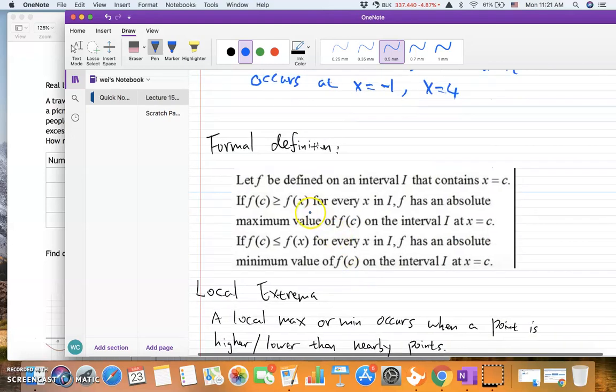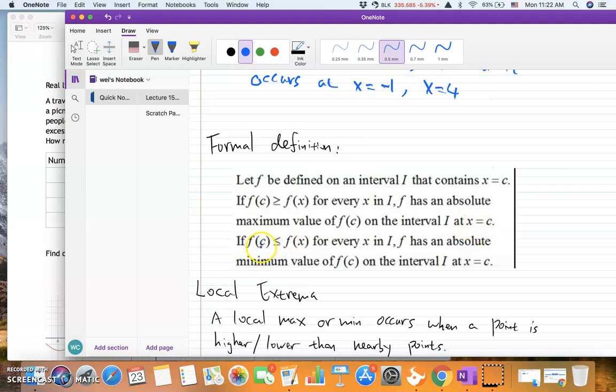Okay, now here is the formal definition. Let f be defined on an interval I that contains x equals c. If the function value f of c is greater than or equal to f of x for every x in the interval, then we say f has an absolute maximum value of f of c on the interval at x equals c.